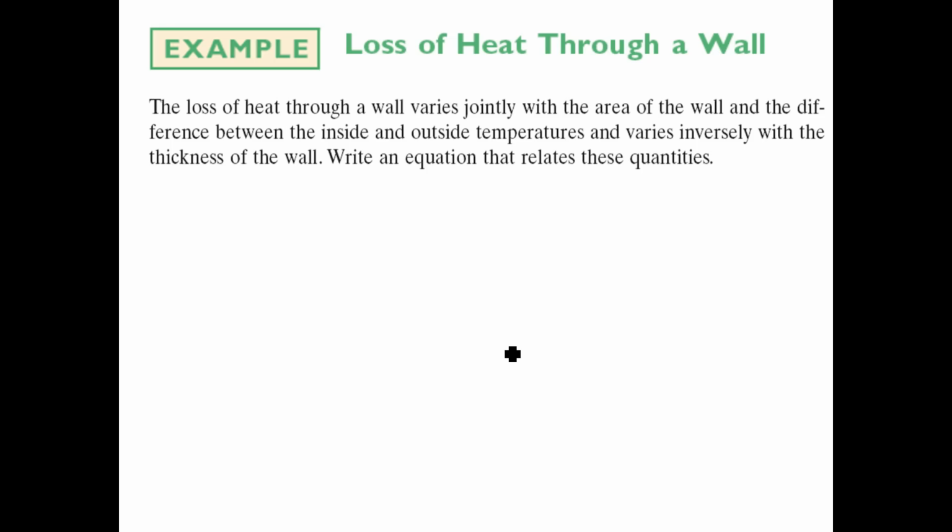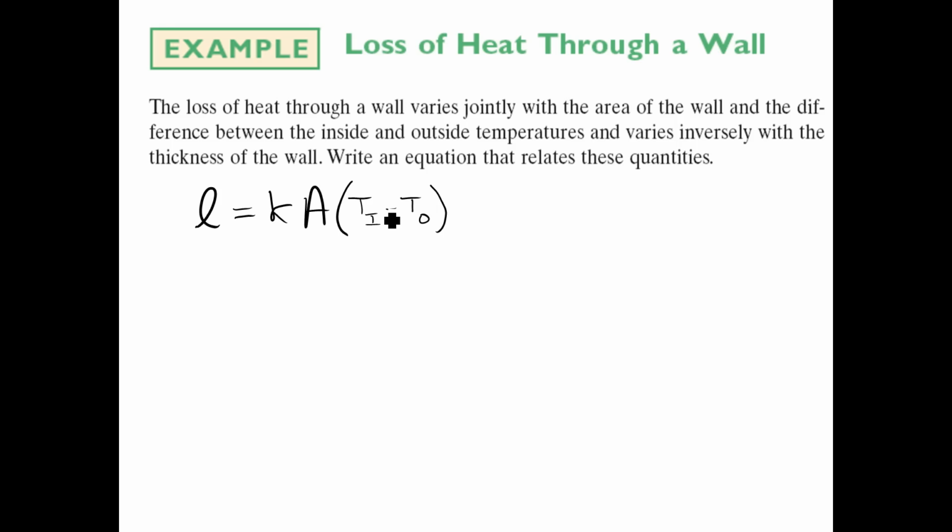The loss of heat through a wall. So how about L for loss of heat varies jointly, so equals K. What are the things we're going to vary jointly with? The area of the wall, A, and the difference between the inside and the outside temperatures. So temperature inside minus temperature outside.